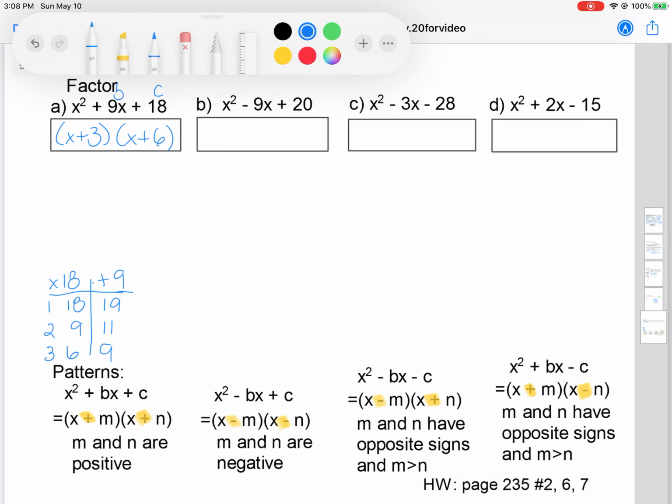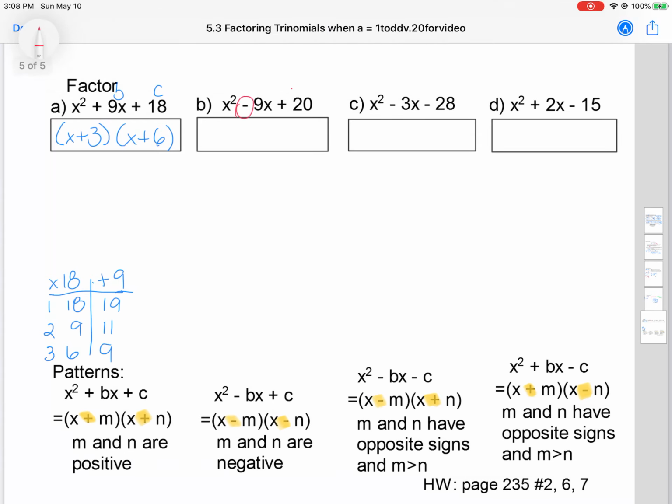It's when the question has a negative, like this one, and this one, and this one, that at least one of your factors has to be negative.